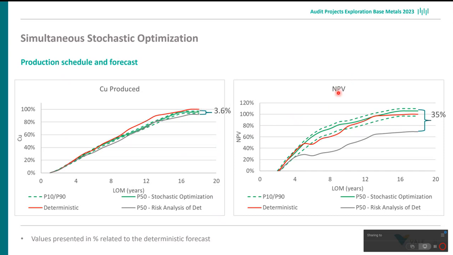However, if you look at the NPV, we are able to catch up, providing a little bit higher than the deterministic optimization forecast. And regarding the risk analysis of the traditional optimization, we were able to find 35%. So we regained all the NPV that the deterministic model didn't account for.